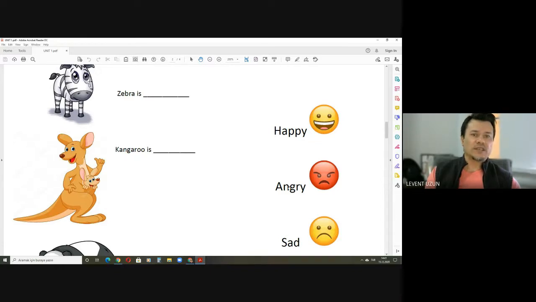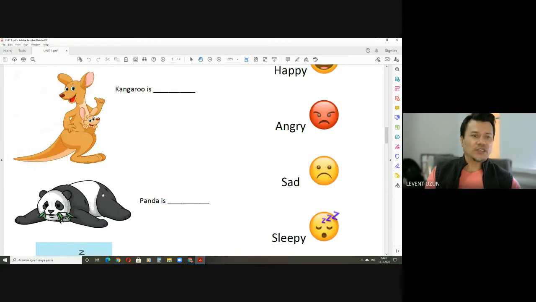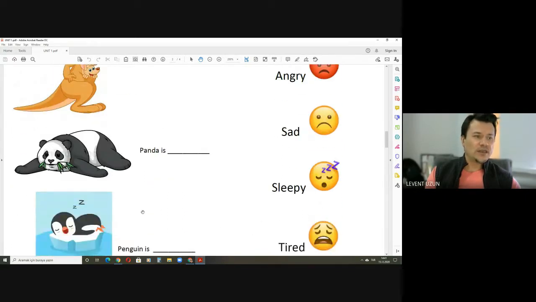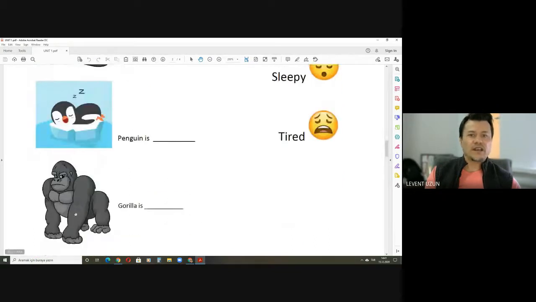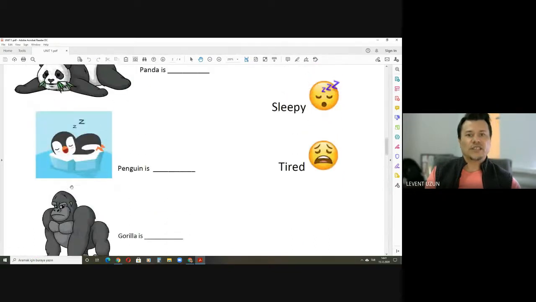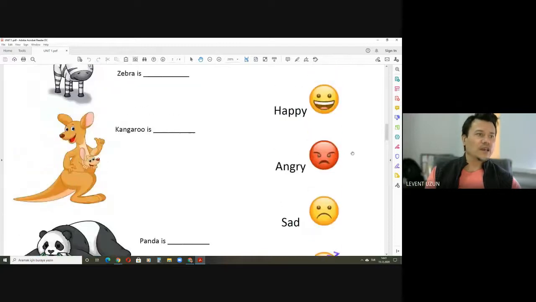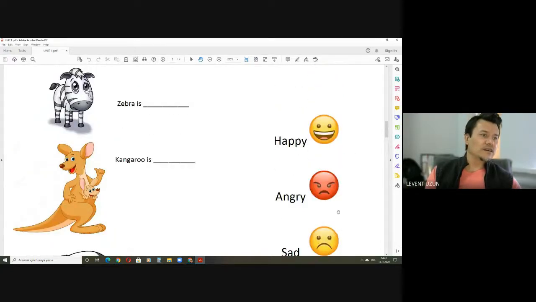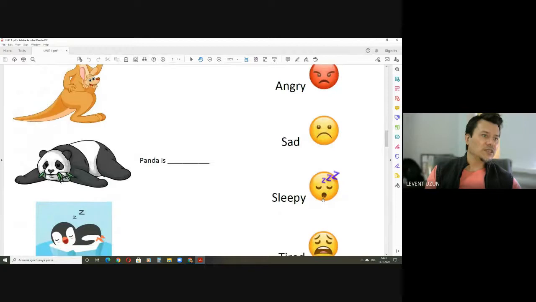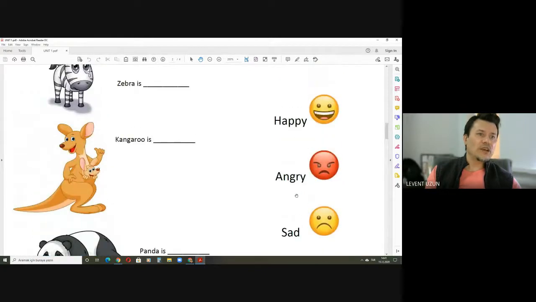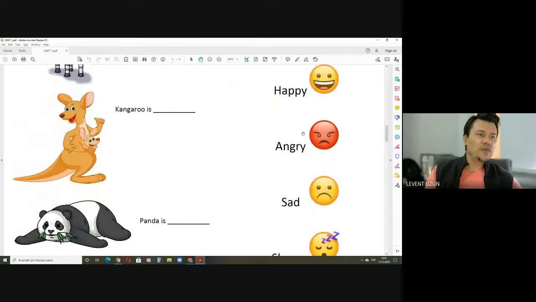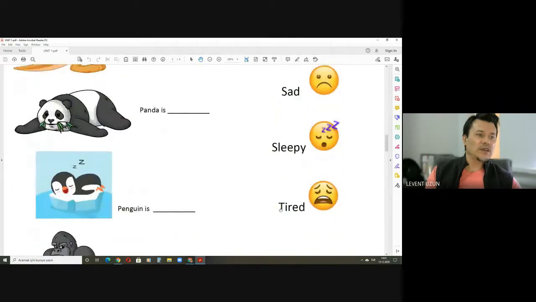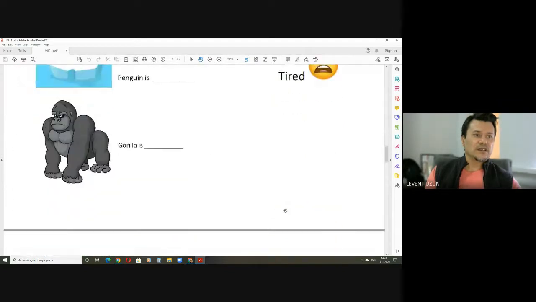What angry means? Look at these pictures. Sleepy. Very clear. These pictures here, these cognates are very clear. You got very clear pictures here, emojis, and you teach them the vocabulary part. So now we teach happy, angry, sad, sleepy, tired, emotions.